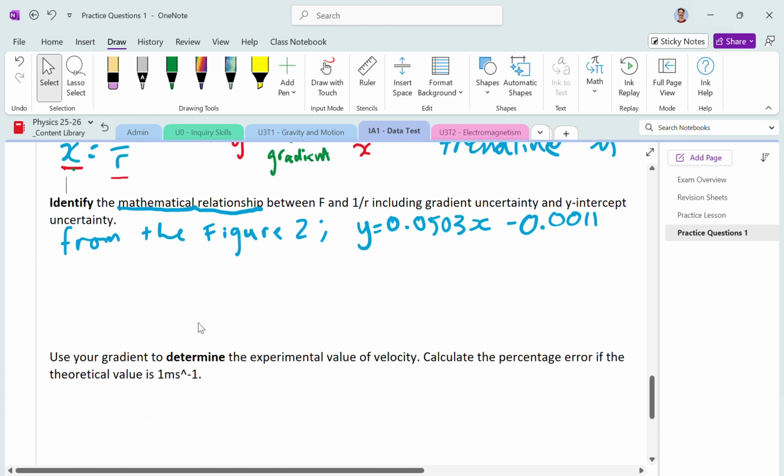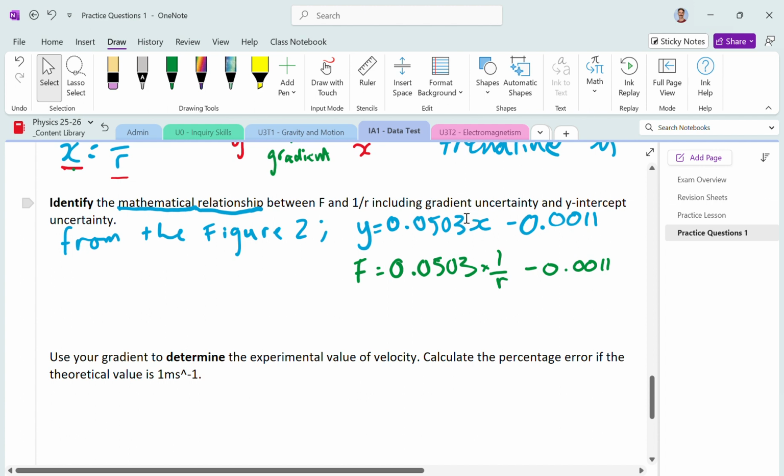So I can rewrite this as force is equal to 0.0503 times x, and we've identified up here, x is 1 over r, so times 1 over r, minus 0.0011. Okay, so that's the mathematical relationship between force and 1 over r.